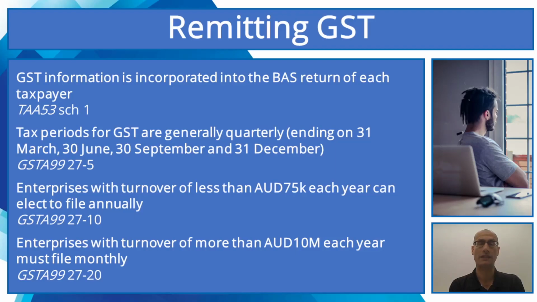Very large entities, or medium to large entities, with a turnover of more than $10 million each year are required to file BAS returns monthly. And when you file your BAS return, you will calculate the amount of GST which is either payable or refundable for that particular period, and either have to pay that or have it credited back to you.